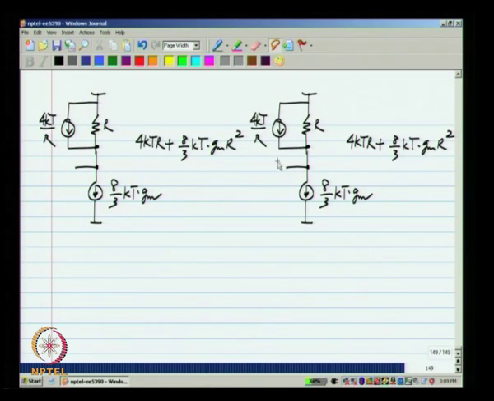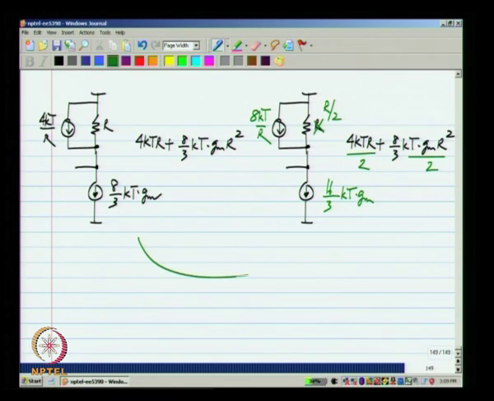We have 4 kT divided by R by 2, so it is 8 kT by R, and similarly instead of 8/3 kT GM, we have 8/3 kT times 2 GM, which becomes 16 by 3 kT GM, and this resistance is not R, it is R by 2. So, if you look at the voltage noise, it will be 4 kT R by 2 plus 8/3 kT GM R square also divided by 2.